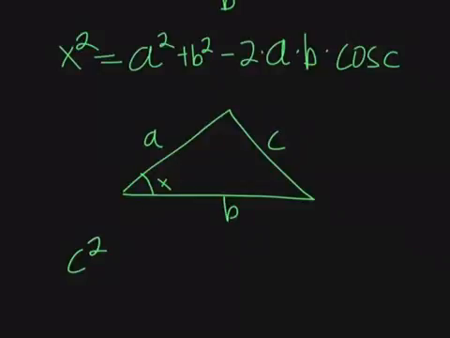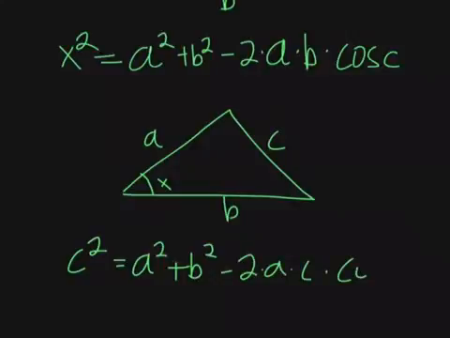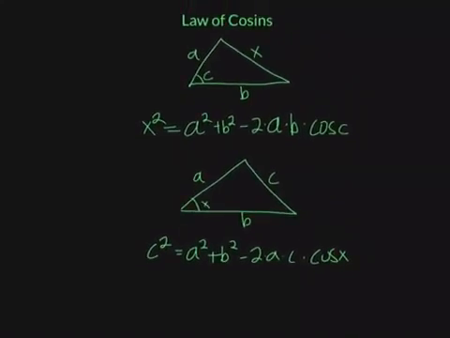C squared is equal to a squared plus b squared minus 2 times a times b times cosine of x. So that's the rule for the law of cosines, and later on I'm going to show you some examples on how to actually use the law of cosines.